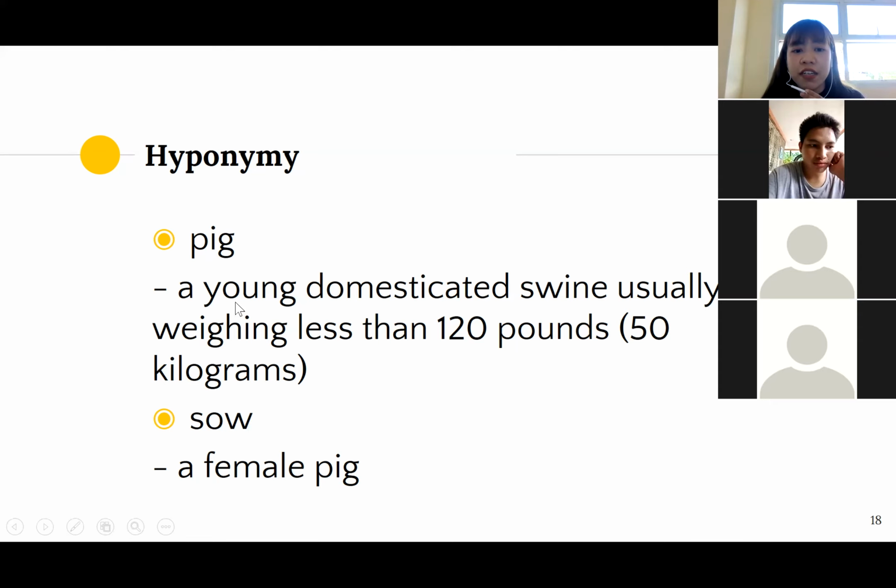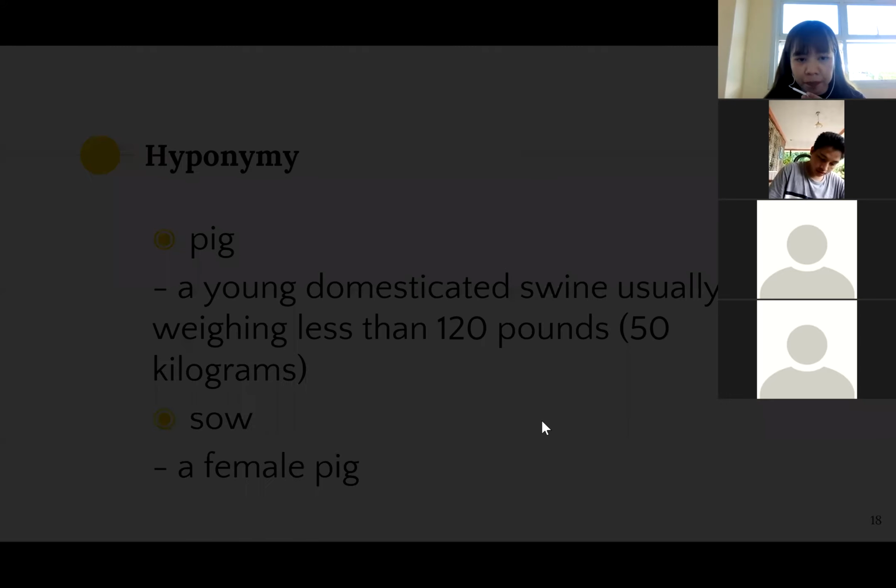So as you can see in the definition, you do not find the definition of the word sow, because when you define the word pig, it could refer to a male or a female pig. Whereas sow is more specific because although it still refers to a pig, it's a specific female pig. So pig is general, sow is a more specific category. Pig is your superordinate, sow is your hyponym.